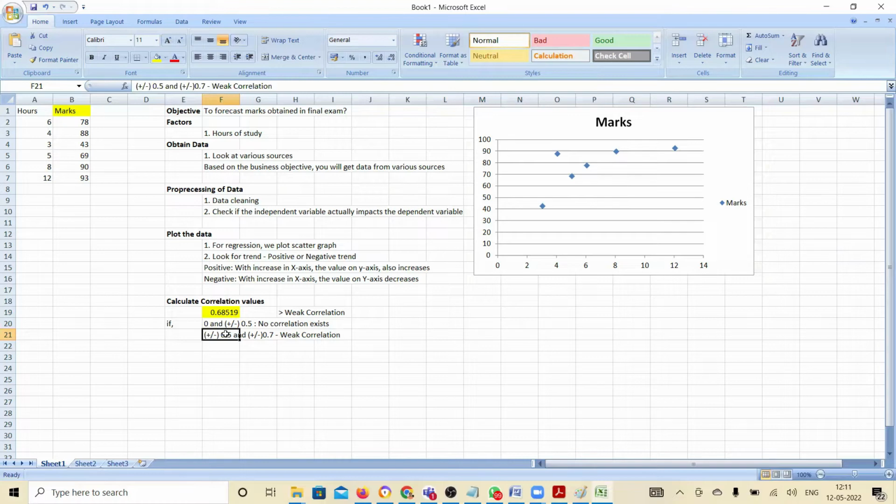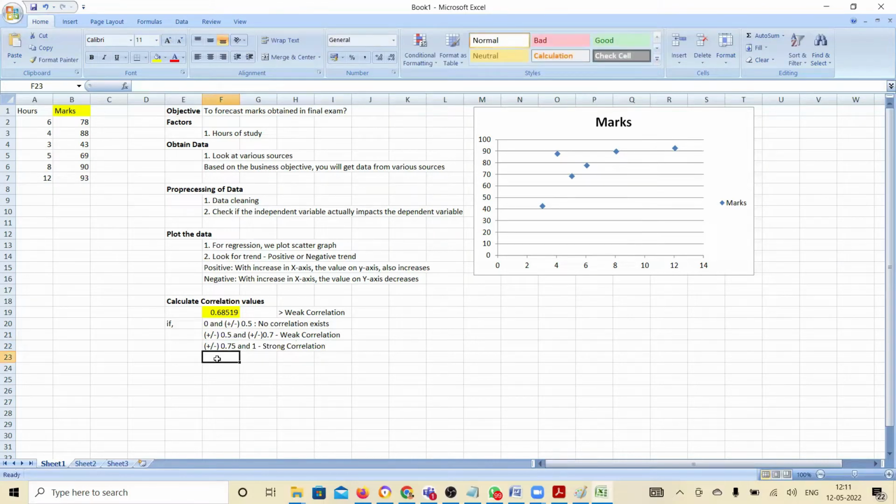Maximum value the correlation can take is 1. So here, what you are saying is, if the value is between 0.75 and 1, it is strong correlation.